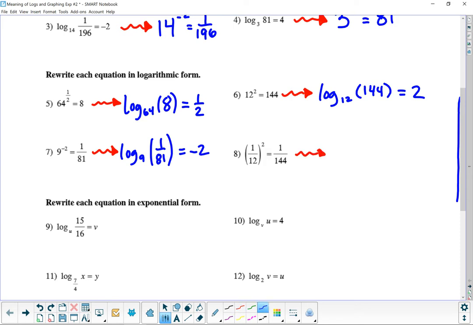This one right here, this is an exponential base 1/12. So we're going to write it as a log base 1/12 of 1 over 144. Okay, and that's going to equal 2.